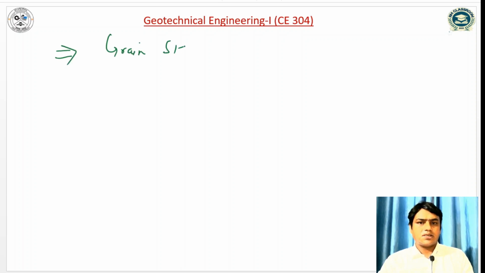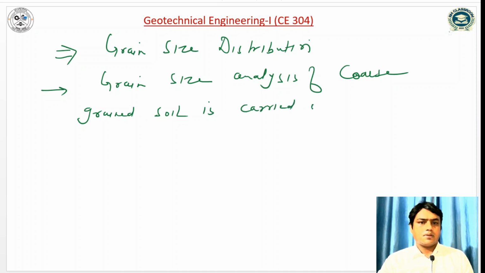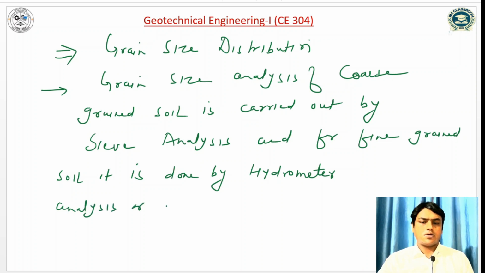Grain size distribution. Grain size analysis of coarse grained soil is carried out by sieve analysis, and for fine grained soil it is done by hydrometer analysis or pipette method.